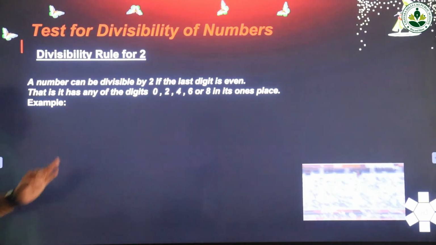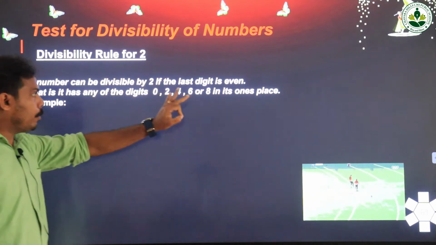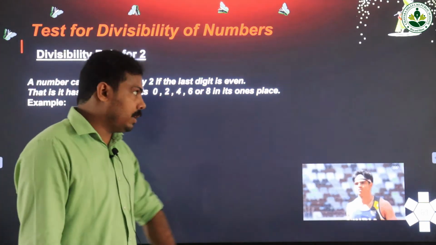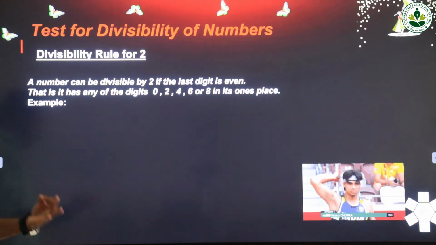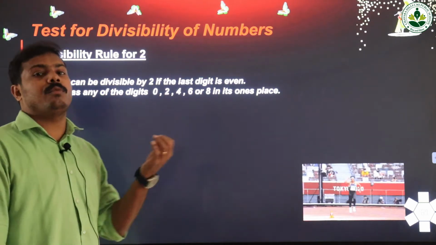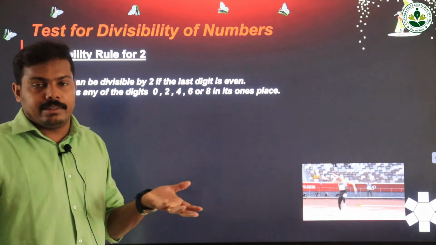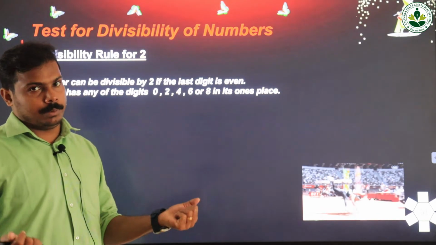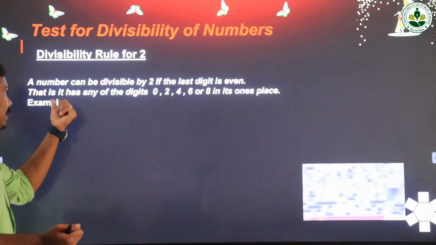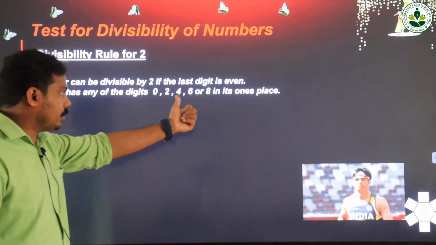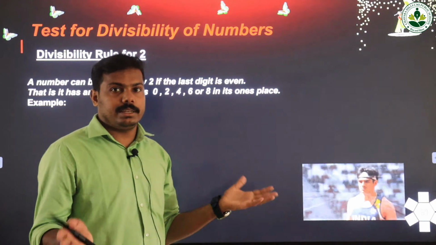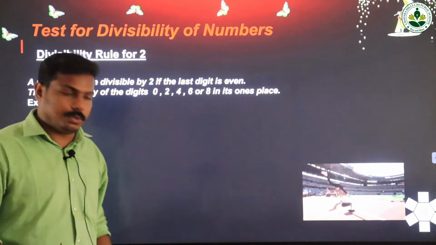You all know a number is divisible by 2 if the last digit is even. If the given number's last digit, that means the ones place digit, is even, then it is divisible by 2. Very simple. The digit in the ones place should be 0, 2, 4, 6 or 8. Then it is divisible by 2.